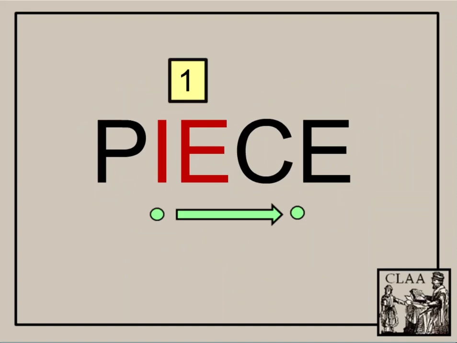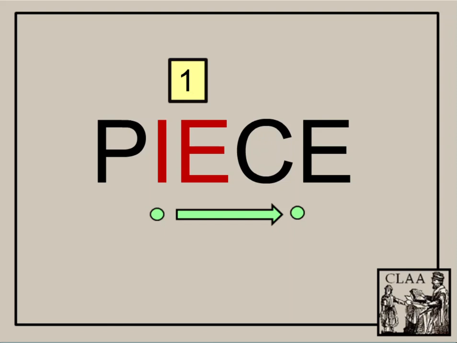Look at this word carefully. You can see that the letter I is joined to the letter E. The letters I and E in this word form a digraph.